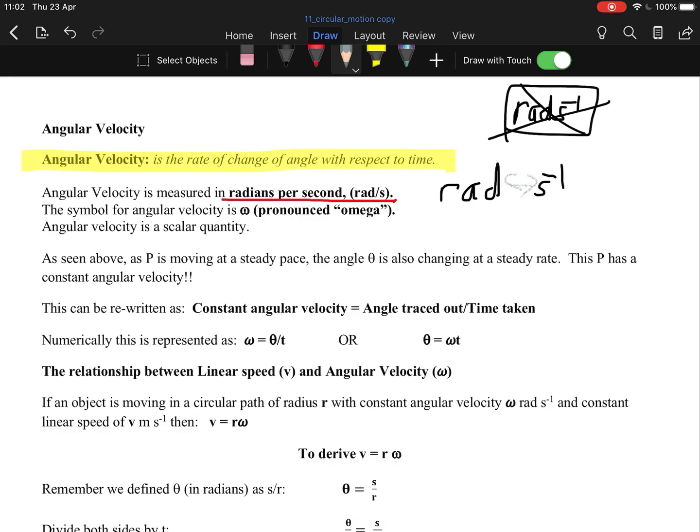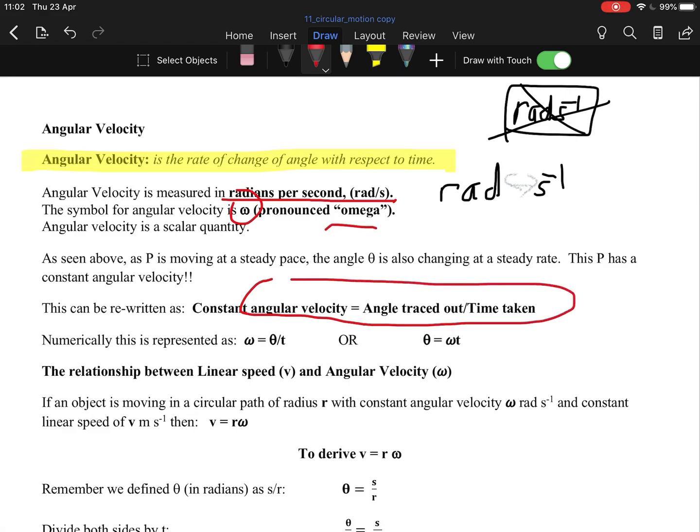Leave a gap. Okay, make sure you leave a gap, a small gap, just to indicate that they're not on top of each other. What is the angular velocity symbol? It is this looking W thing here, which is actually called omega, as I mentioned here. Okay, so I know it looks like a W, but it's omega. Now, you can, if you wish, in the exams, if they ask you what is the angular velocity, you can give this. Angular velocity equals angle traced out divided by time, because it means the same thing.